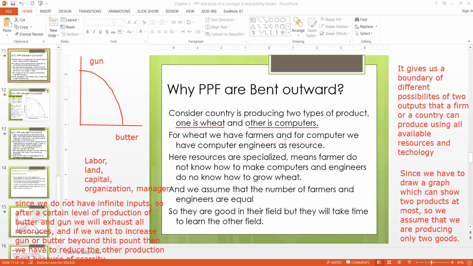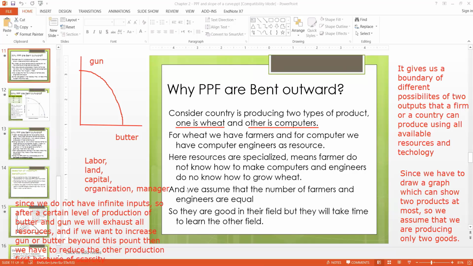They do not know the other aspect of the product. We assume that the number of farmers and engineers are equal. So let's assume that half of the country is farmer and half of the country is engineer. It means, in a broader perspective, half of the country knows how to grow food and half knows how to make capital goods.